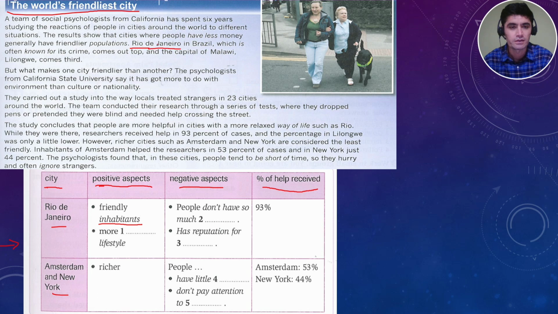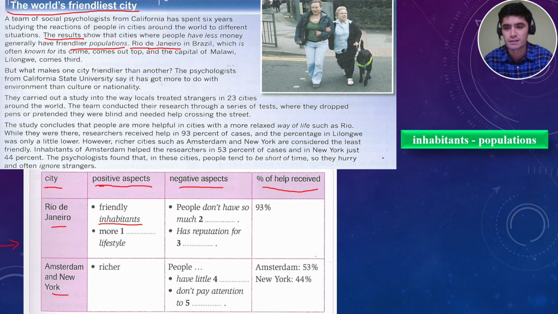Now let's take a look at this sentence before Rio de Janeiro. The results show that cities where people have less money and generally have friendlier populations. So friendlier populations here was mentioned. Friendlier populations actually means friendlier inhabitants, right? Inhabitants is replacing the word populations here.